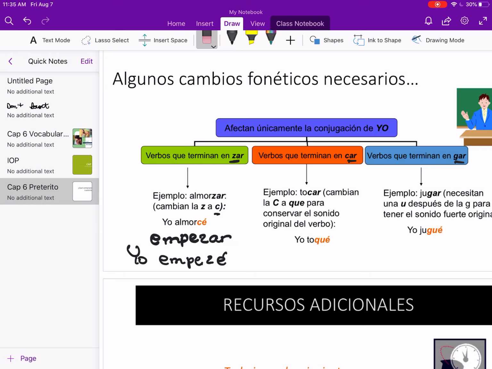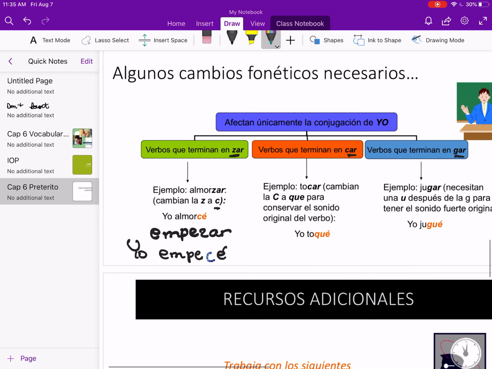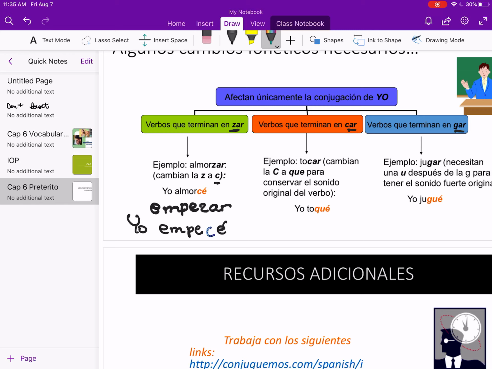Yeah? So that becomes a si. Yo empecé. Then it keeps no problem. It's tú empezaste. So then it keeps the same ending. So it's only solamente con yo.